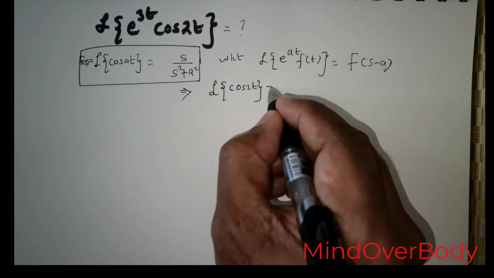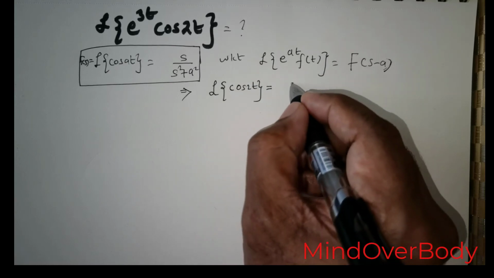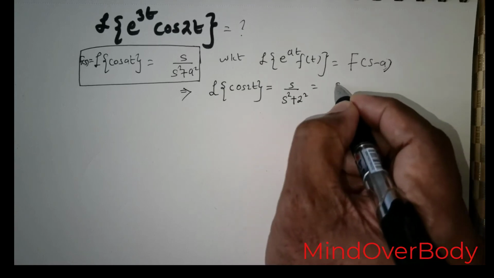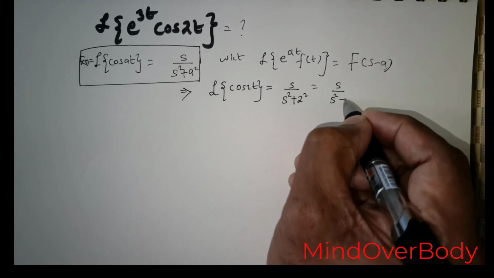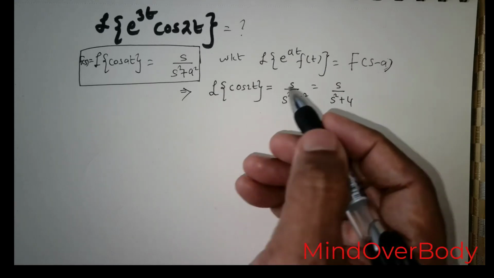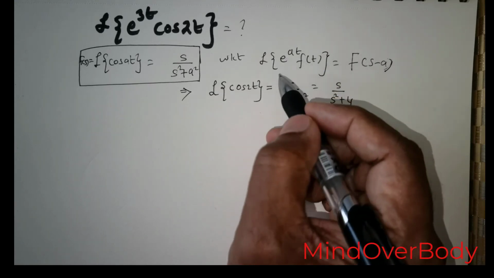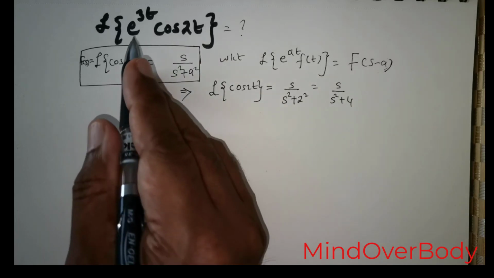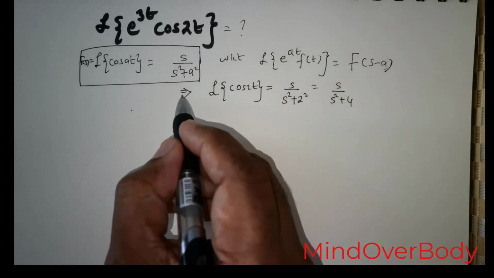Now the Laplace transform for cos 2t is equal to s divided by s squared plus 2 squared, which is equal to s over s squared plus 4. Now we are expected to find the Laplace transform for e raised to the power of 3t times cos 2t.